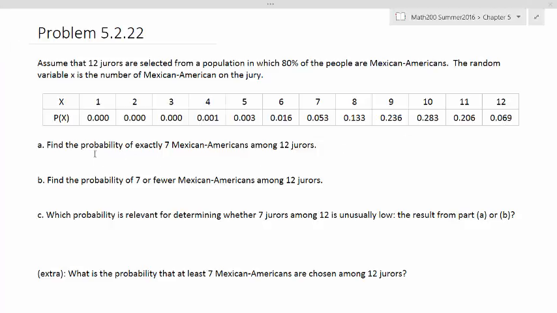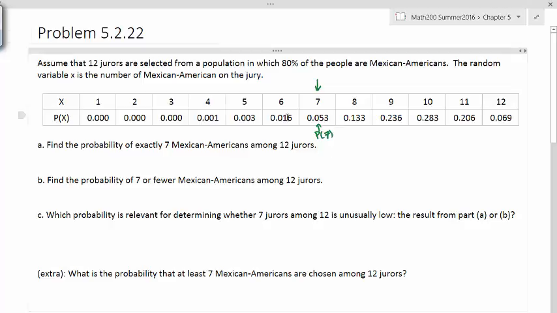Okay, so it says here, find the probability that exactly 7 Mexican Americans are among 12 jurors. So this is your 7, and this is your P of 7. That's the probability that you get exactly 7.